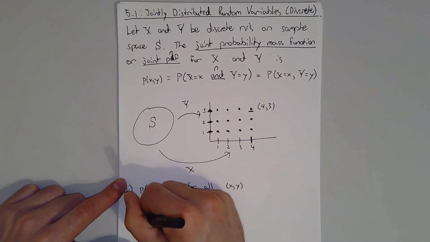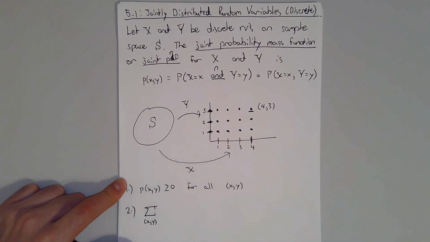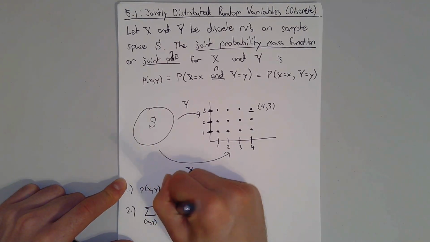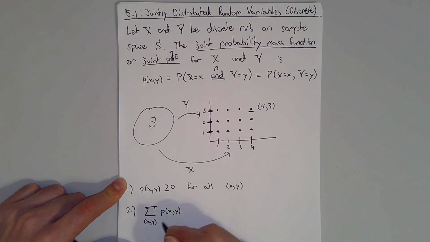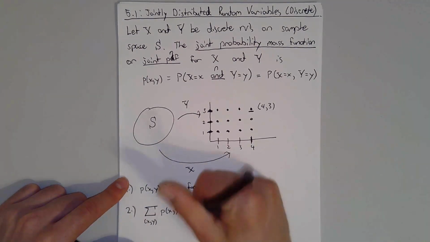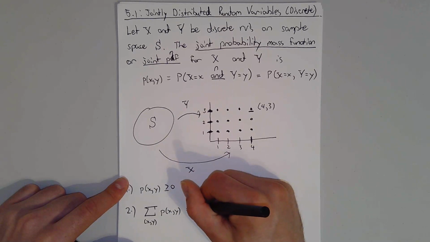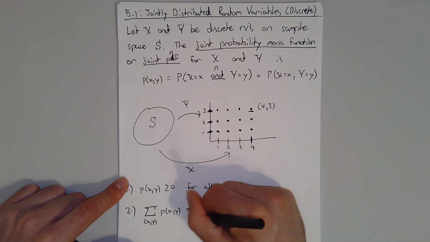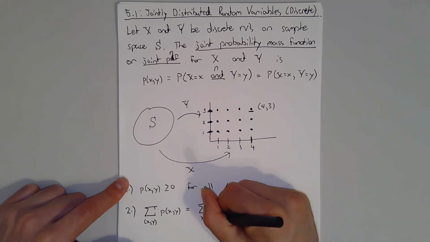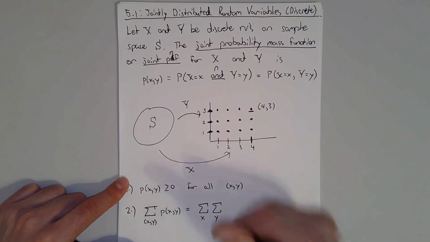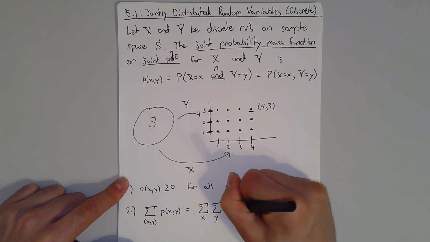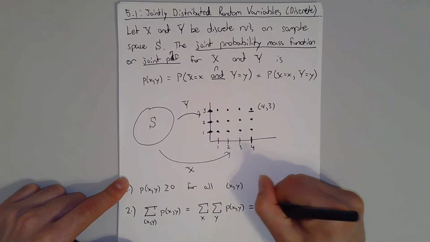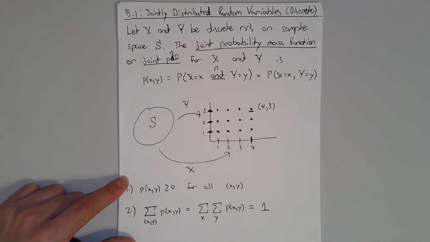If we sum up all the different ordered pairs, so p of x comma y summed over all possible ordered pairs, this is also written more standardly as a double sum. You sum up over all the x values and sum up over all the y values of the following, and it must add up to 1.